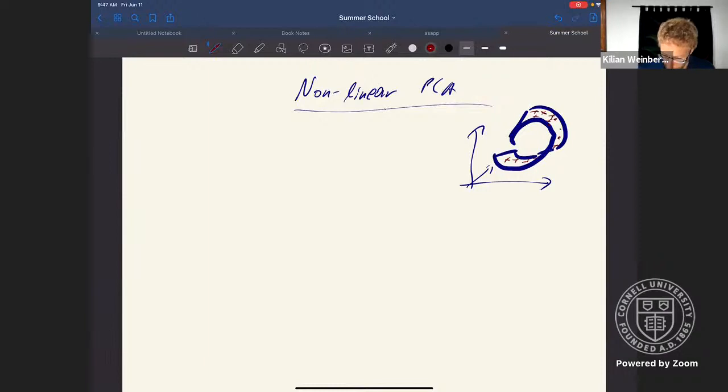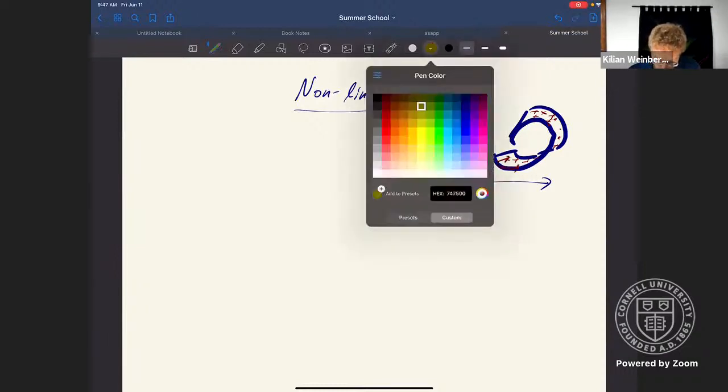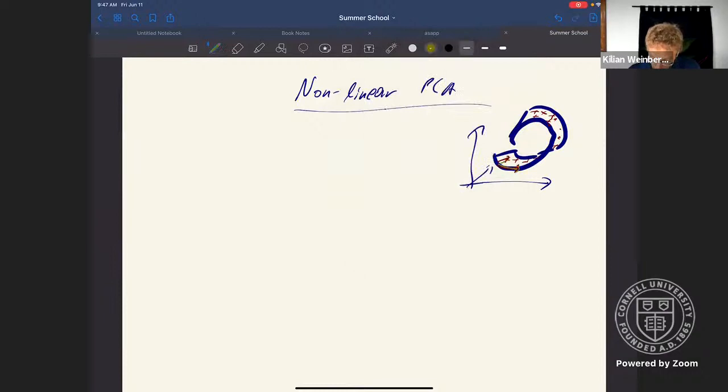And this is really 2-dimensional data. If I were to give you the coordinates of each point, I would just have to tell you this direction and this direction along this manifold. How can I find this position?